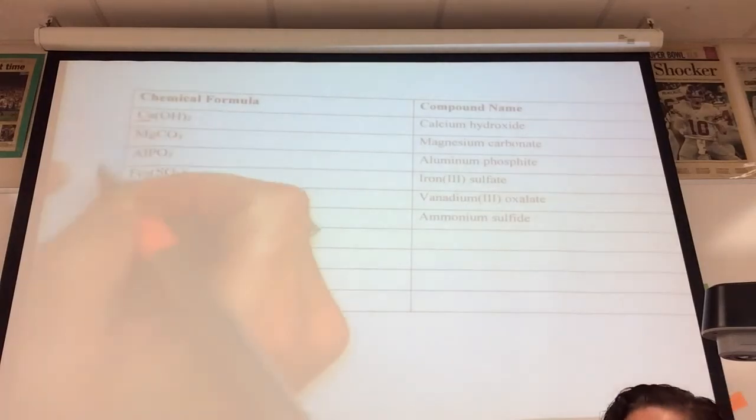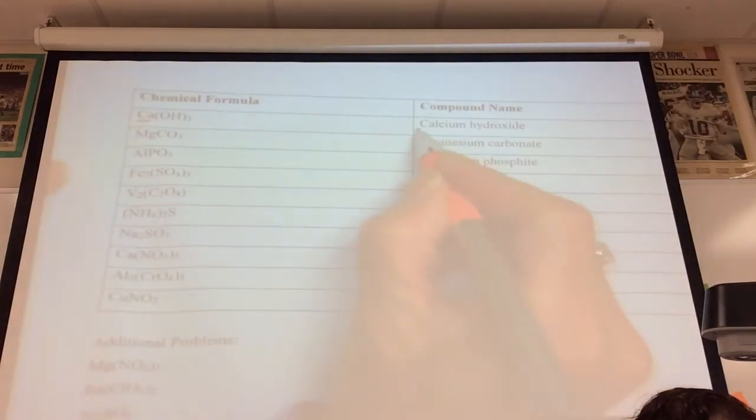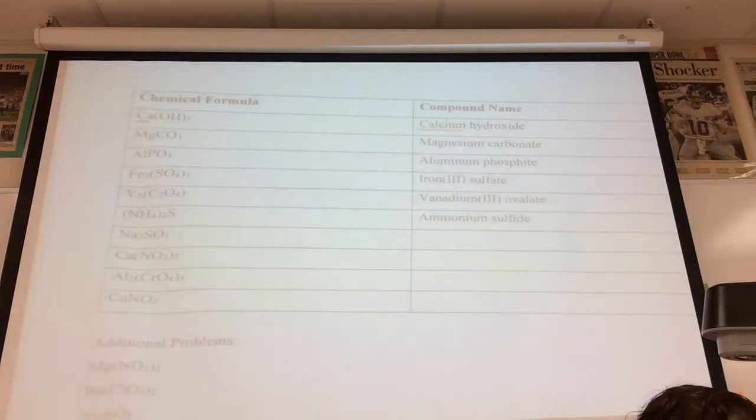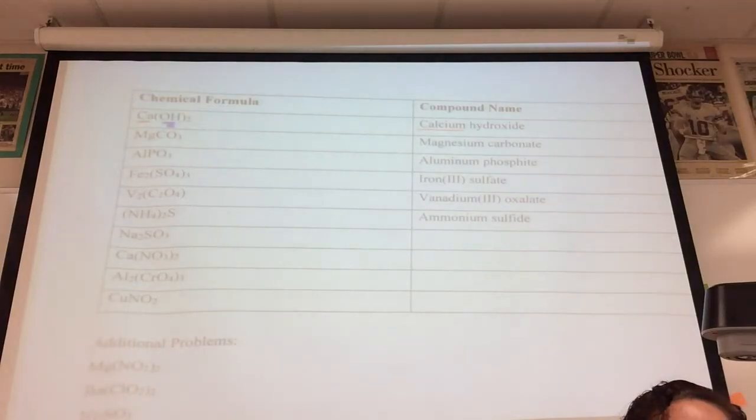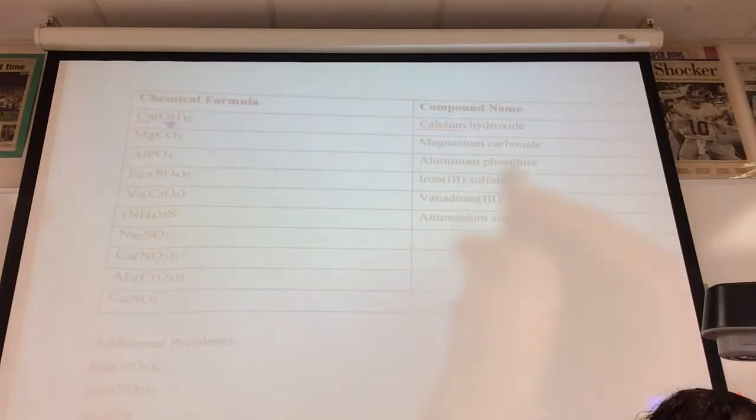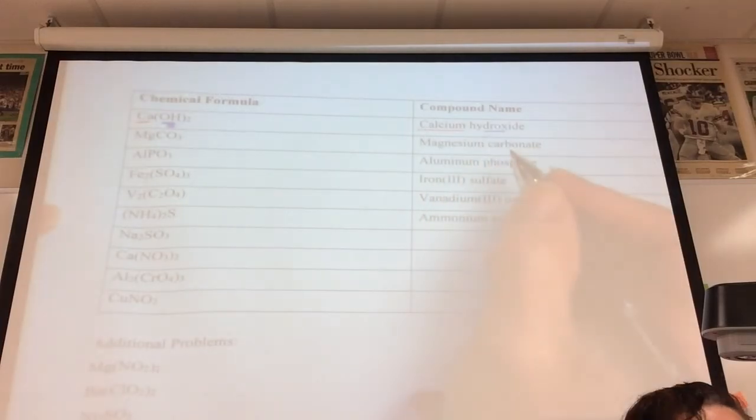Ca is calcium. Here's the polyatomic. OH, you don't see the charge in a compound because compounds are electrically neutral, but OH minus is hydroxide.